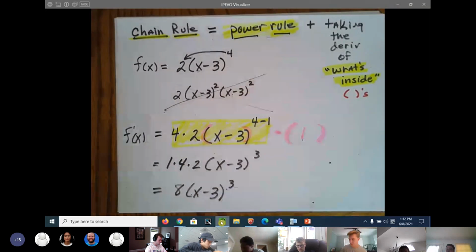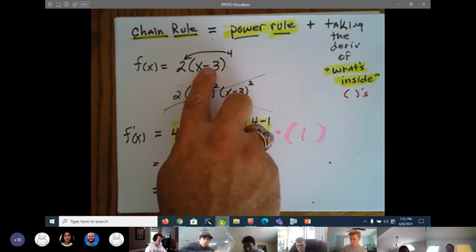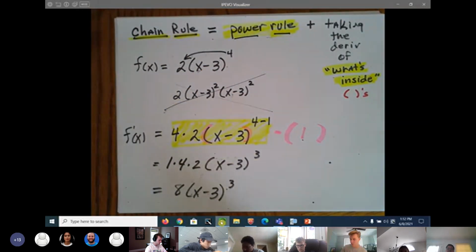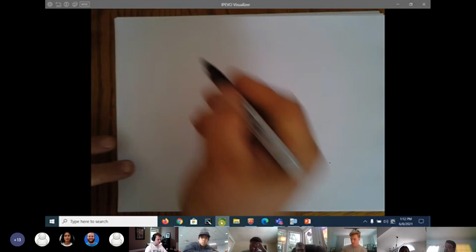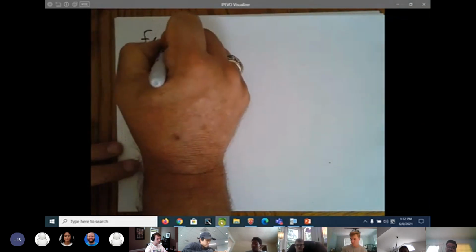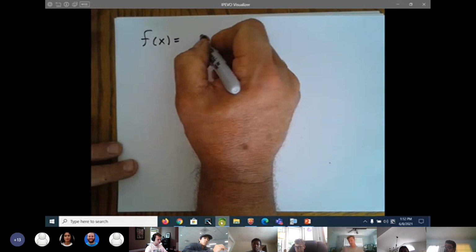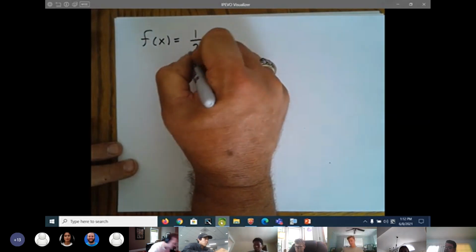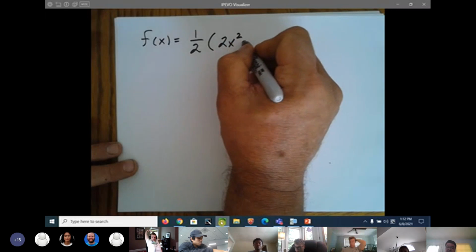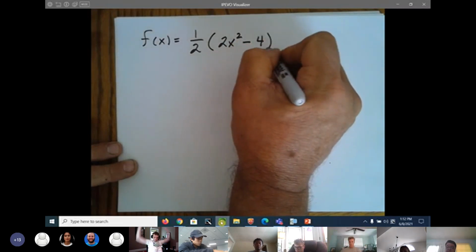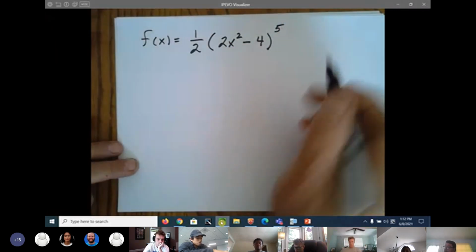Now I'm going to do one that is not going to be 1. I'm leaving it up for a few more seconds. So here is an example. f of x is equal to, let's go with 1/2 times (2x squared minus 4) to the 5th power.